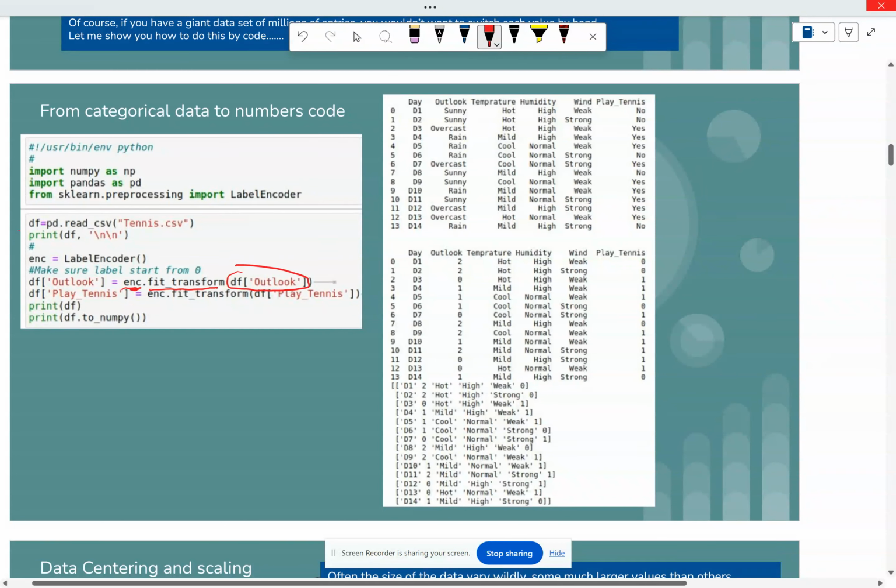So here's Outlook, right? Notice before and after. I transform Outlook and I transform play tennis. Notice how Outlook and play tennis are no longer text. Instead, they are numbers, right? And then I can print them back out. So converting from text into numbers is really easy to do.